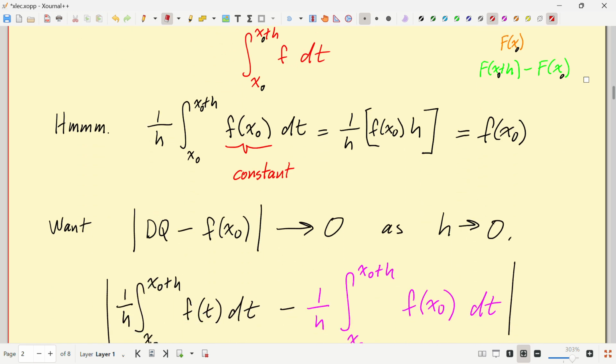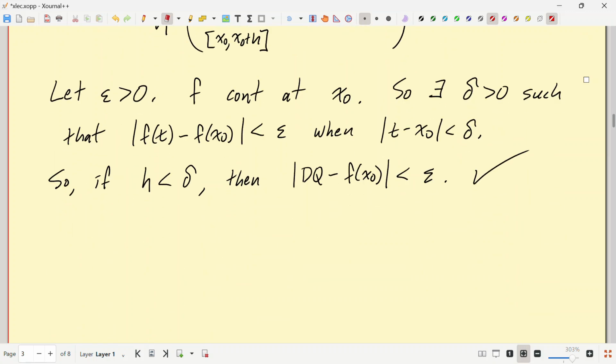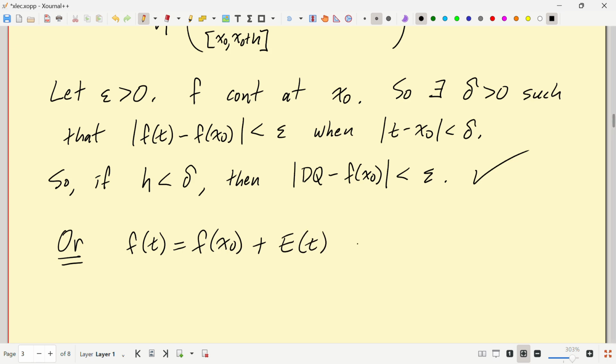Okay, another one of my favorite ways to do this. I like to write f of t is equal to f of x naught plus an error e of t, where e of t goes to 0 as t tends to x naught. That's just what it means to be continuous.